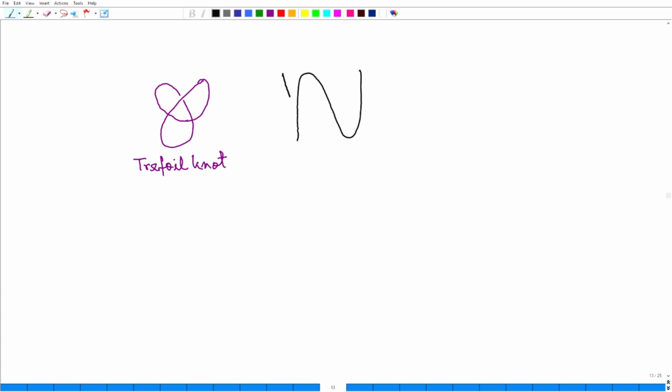It comes below and then goes above and comes like this. Okay. So, this one is below, this one is, let me do.